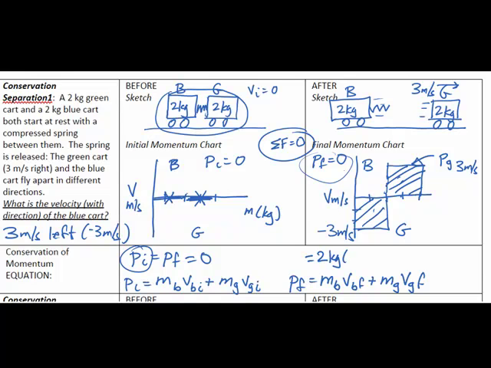Our velocity was negative 3 meters per second, plus the mass of our green cart, 2 kilograms, times 3 meters per second. We'll have a minus 6 kilogram meters per second here, a plus 6 kilogram meters per second here. Our momentum is 0. Go ahead and finish up that other problem on momentum, and good luck.